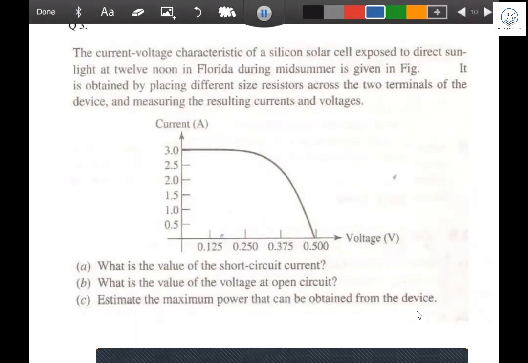I'll send you the slide for the next class and you go through the slide, and also you can go through this problem so that we can discuss it next class onward. Today I don't want to start, otherwise it takes time to explain the whole thing. I know Muntasir had solved the problem, which is very straightforward, but I need to explain it first so that everybody can understand the PV panel characteristic.